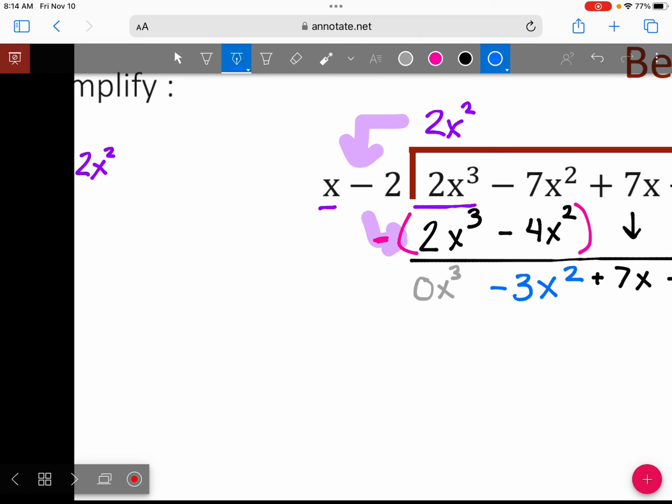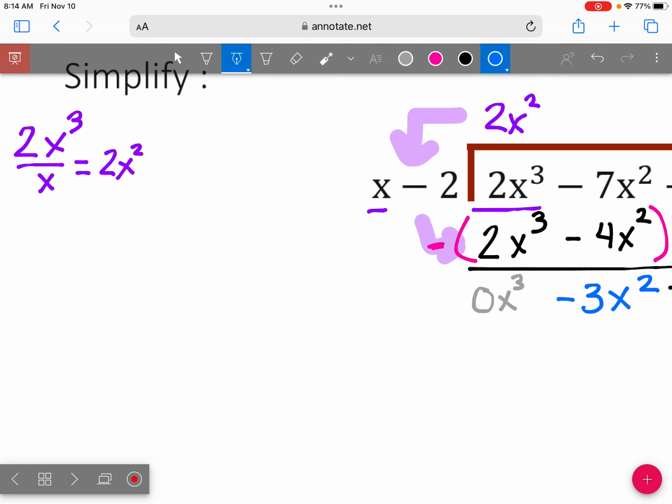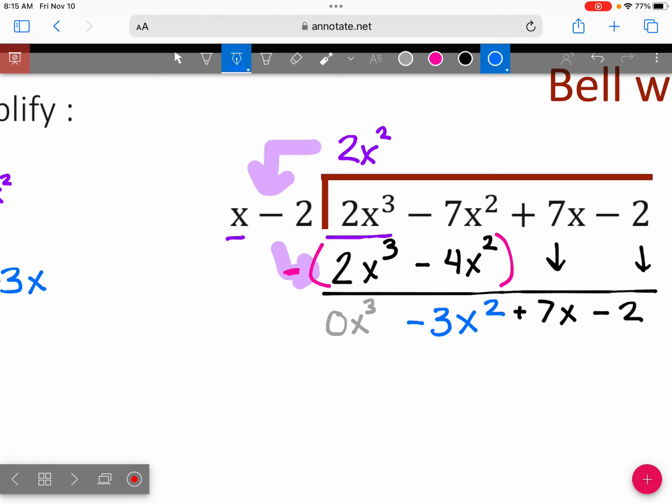We're going to do the same thing, continuing down the polynomial here. -3x squared divided by x gives us -3x. And that's what goes up top, -3x.